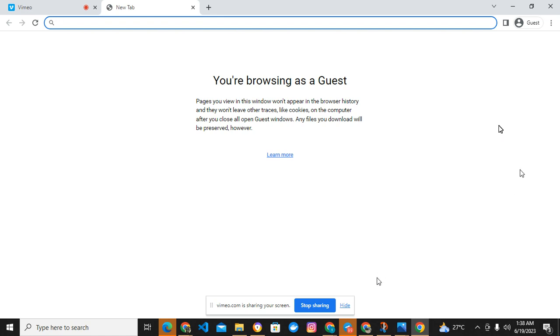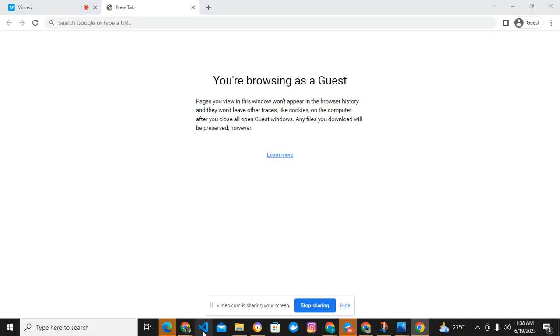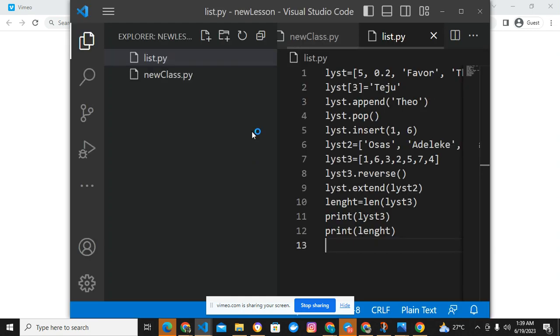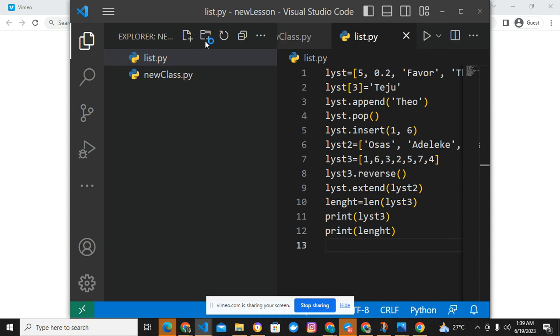Combinatorics. Let me try to hold on, please. Let me run a bit, please. Let me open a file.